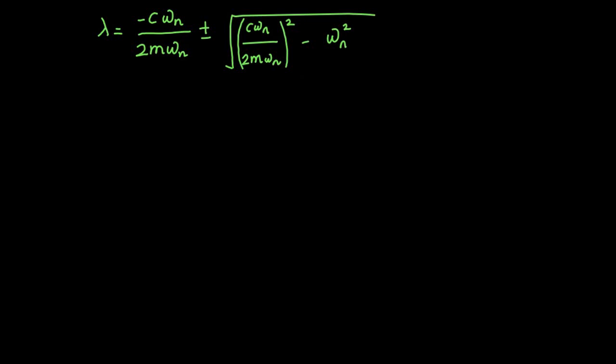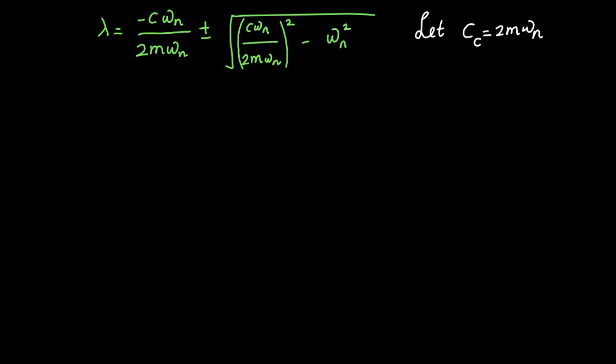Now, let us bother about the physical meaning later. I'm just going to say let c suffix c be equal to 2m omega n. It is called the critical damping coefficient. Why it is called the critical damping coefficient, we will see in a minute.